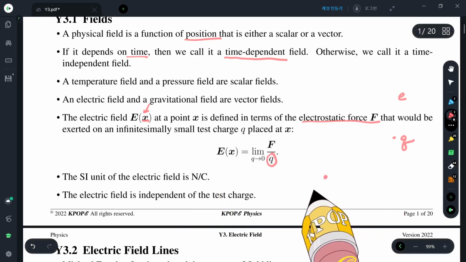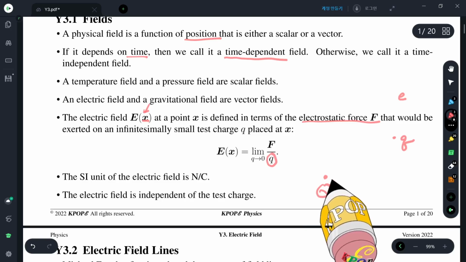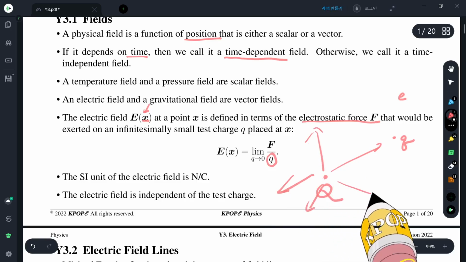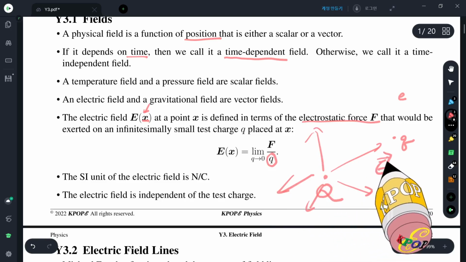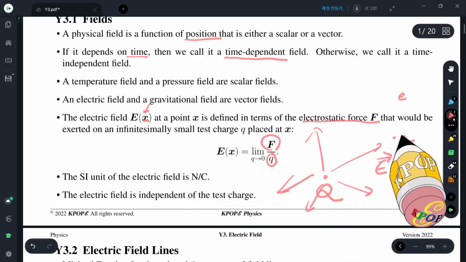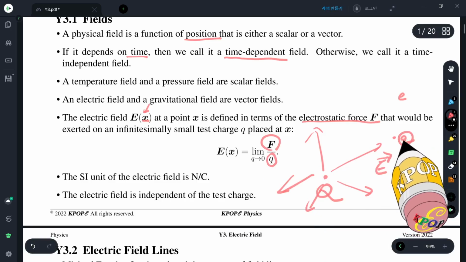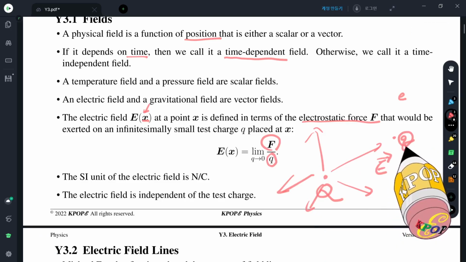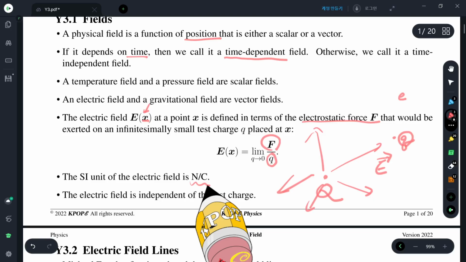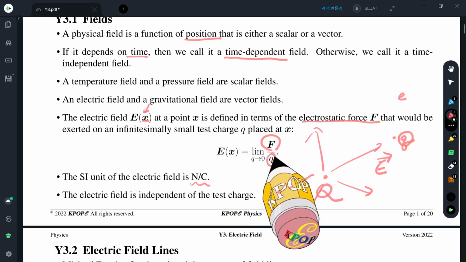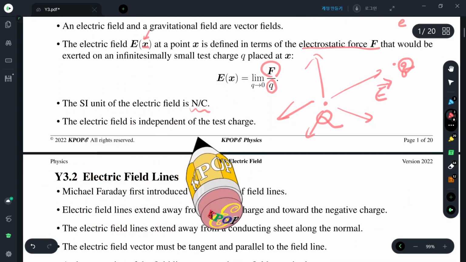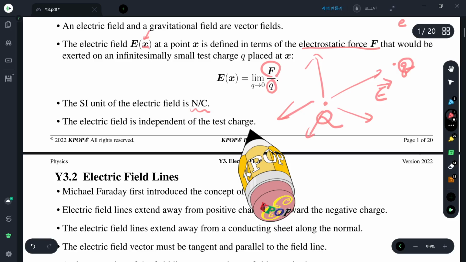So for example, we have a capital Q at the origin, then an electric field will be generated, and the definition of the electric field is the electrostatic force between these two charges divided by the net charge of the test charge. The SI unit of the electric field is Newton per Coulomb, because it is force divided by electric charge. The electric field is independent of the test charge, we assume.